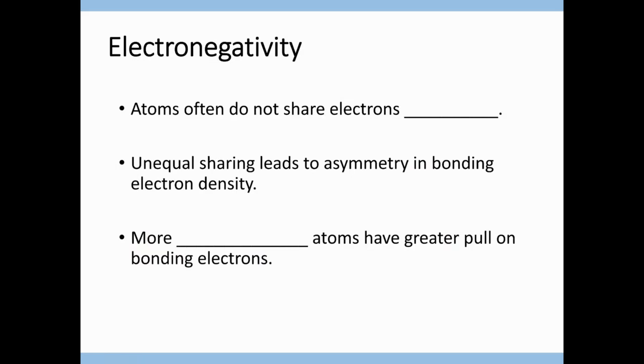But in reality, atoms often don't share electrons equally. Unequal sharing leads to asymmetry in bonding electron density. So the electrons will be nearer to, or around, the more electronegative atoms.